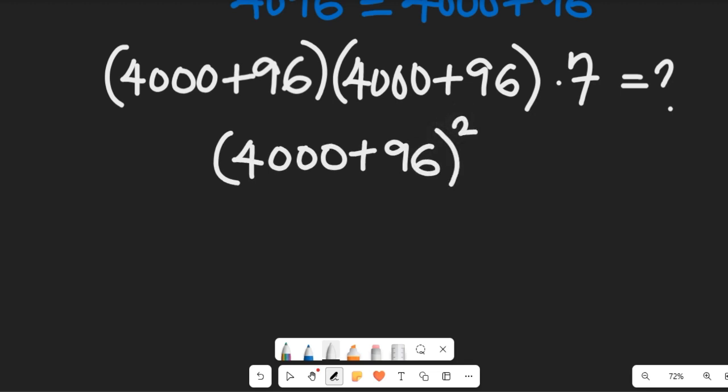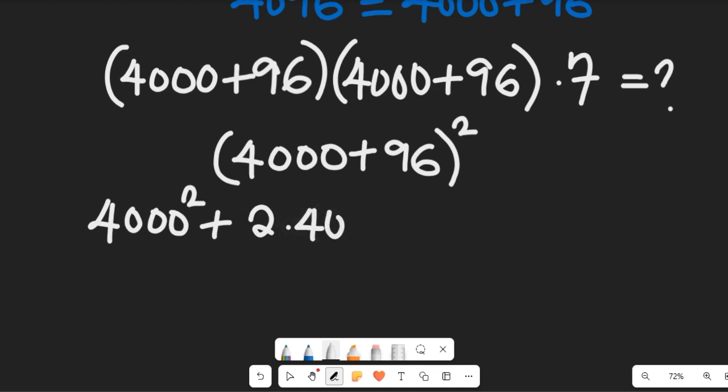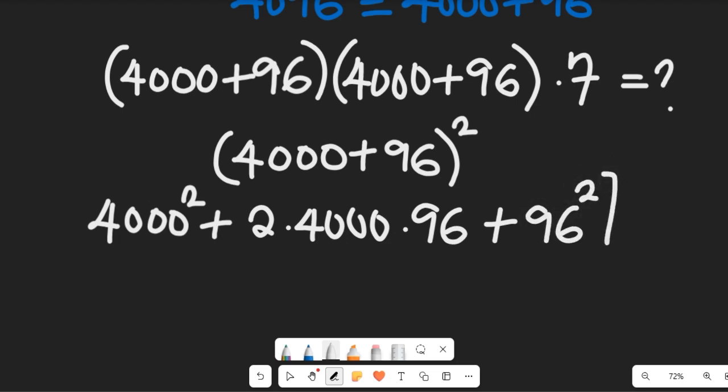Now if we simplify that using algebra, I'm going to have 4000 squared, if you remember the law of algebra, plus 2 multiplied by 4000, multiplied by 96. That is the second part, and this will be plus 96 squared, and all of these will be multiplying 7.